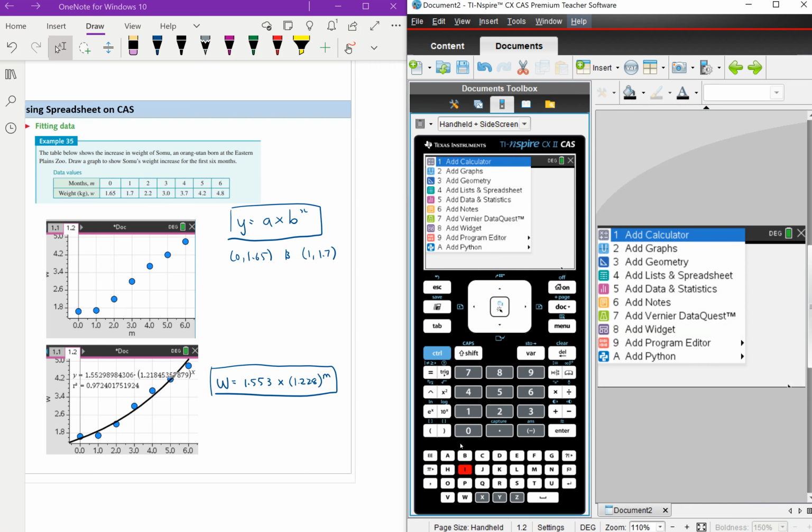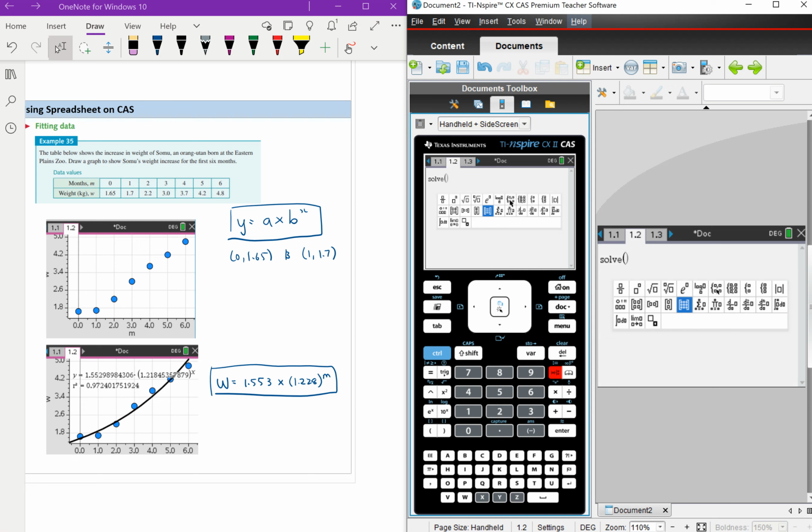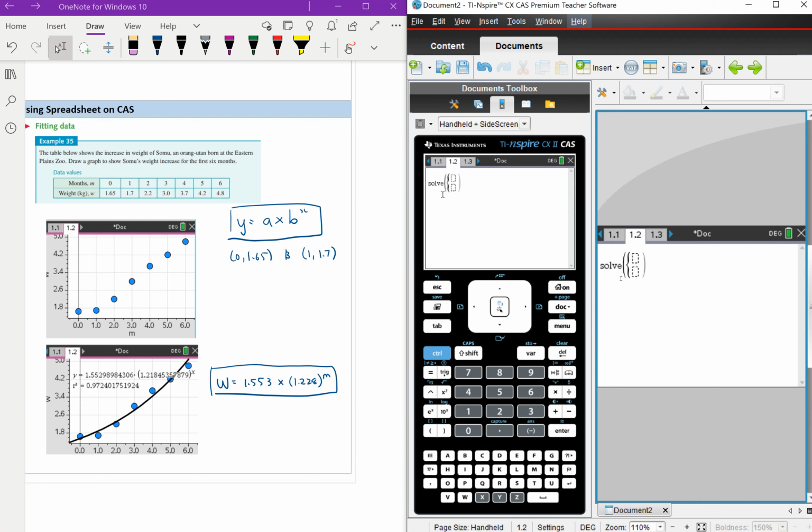Calculator, let's do solve, and we're going to go to our common catalog next to the 9, and we're just going to put in 2 equations. Here we go, our 2 equations. We've got when y is 1.65 is equal to a times b to the power of 0, because that's when months is 0.